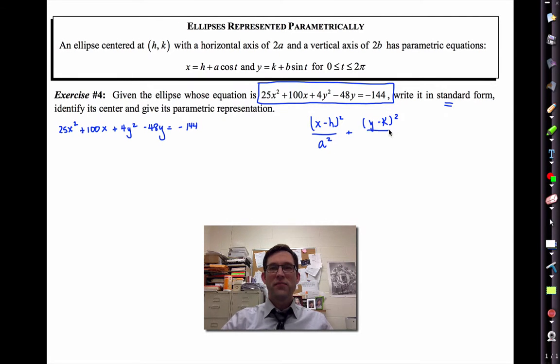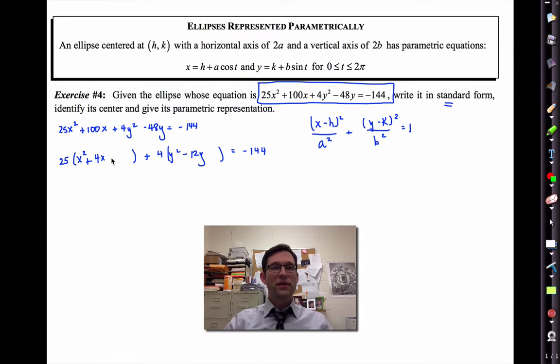And there's probably many, many different ways we could go about doing it. What I'm going to start with is completing the square. Now, in order to do that, I have to factor out a 25 because I need a leading coefficient of 1, and I need to factor out a 4 because I also need a leading coefficient of 1.